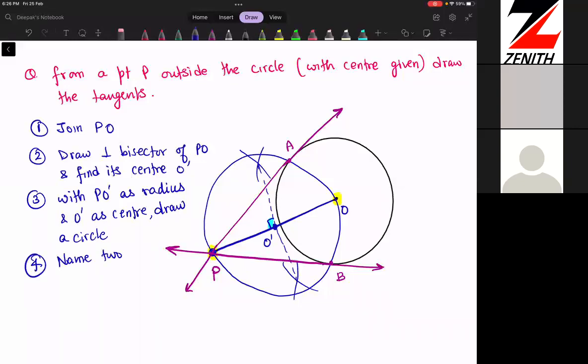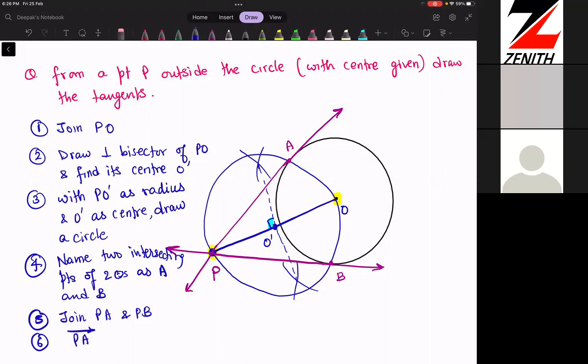Name the two intersecting points of the two circles as A and B. Join PA and PB. PA and PB are the required tangents.